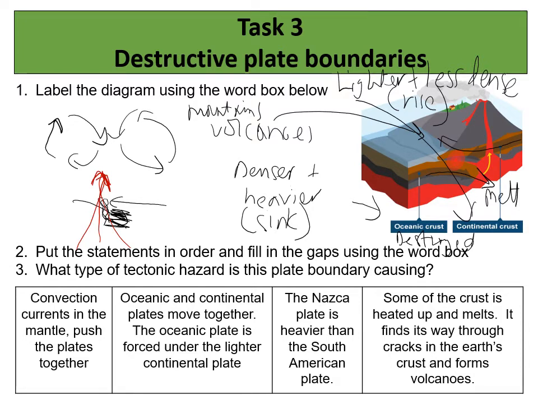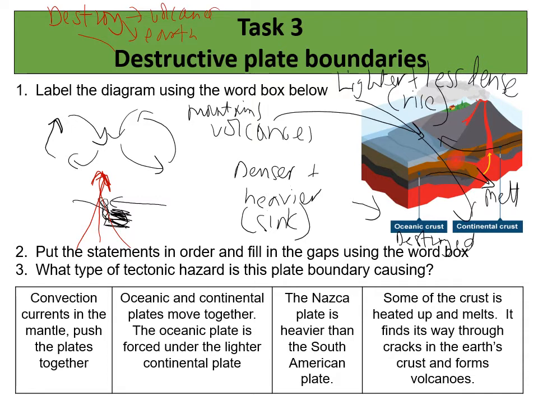So destructive plate boundaries are known as the most destructive. They destroy land, they destroy the oceanic crust, and they also destroy the land because they lead to earthquakes and also volcanoes.